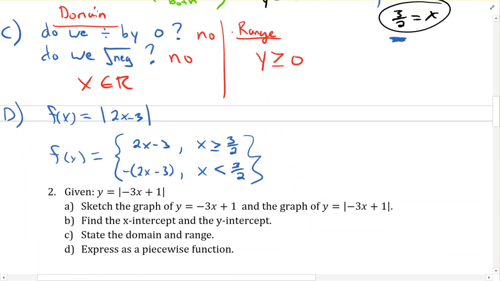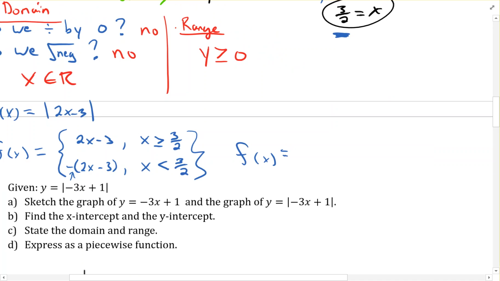The last thing we just like to do is write this without that negative symbol out front in brackets. So we'd write this one more time as f of x is equal to, write the top the same, 2x minus 3 when x is greater than or equal to 3 over 2. And it's going to be 3 minus 2x.